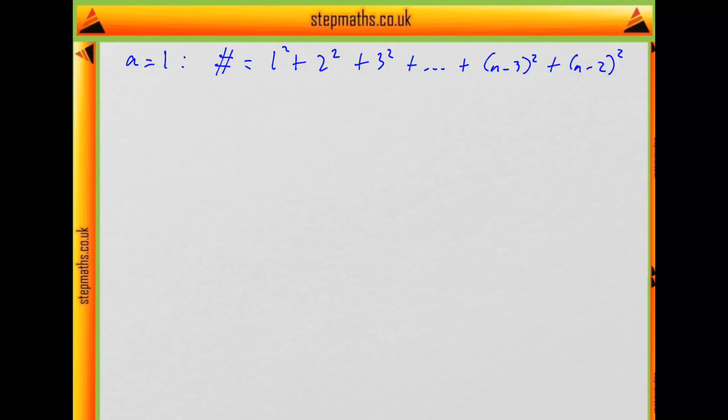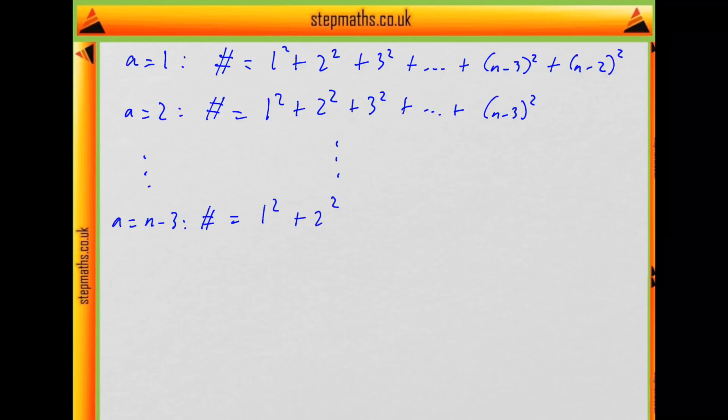Well, b can be everything now from 1 to n minus 3 instead. And therefore we're going to get the same sum, but we cut it off one earlier, because the size of b is more limited. And likewise, if a is 3, we're going to have a similar sum, but only going up to n minus 4 squared. So we can continue this.